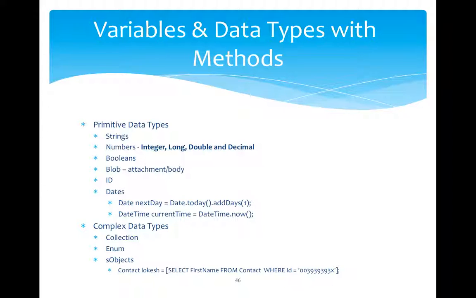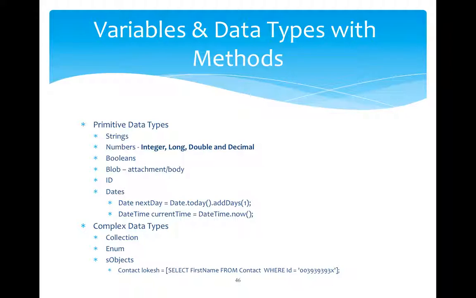For primitive data types, a string is a string of characters enclosed in quotation marks. It can include white space, carriage returns, etc., but it holds only a single value.